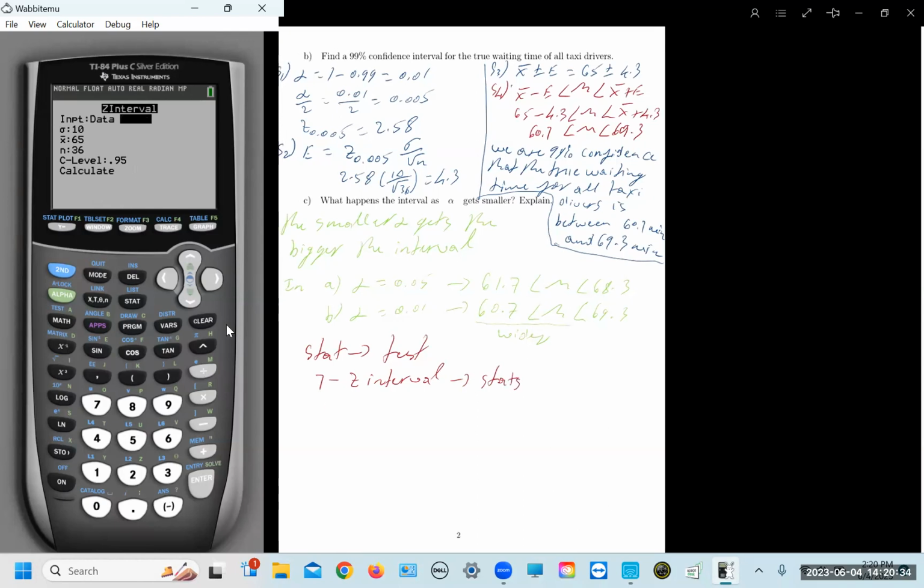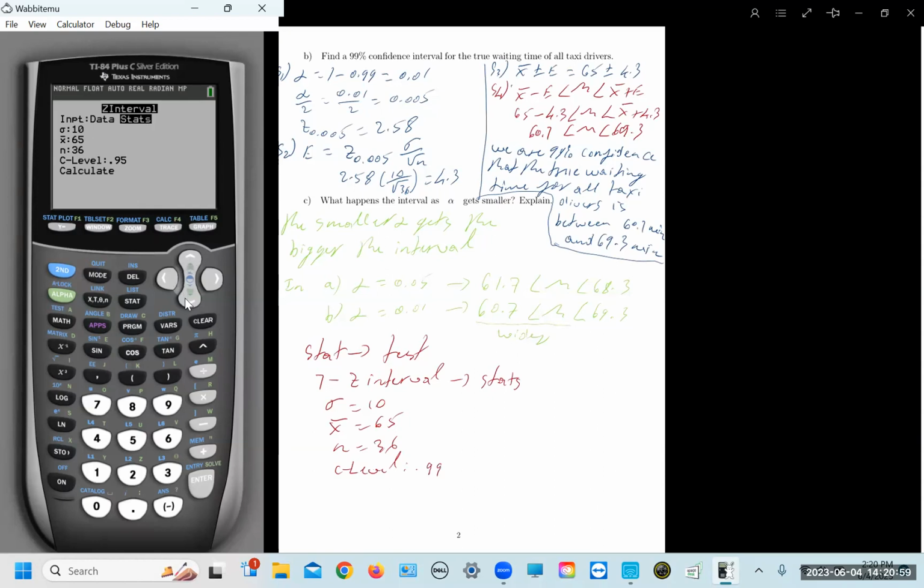So sigma is 10, and x bar is 65, n is 36, and C level is 0.99.